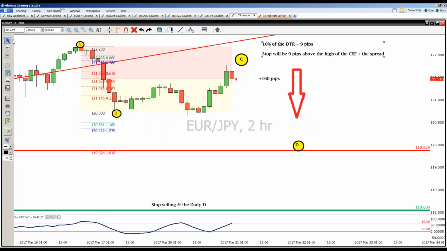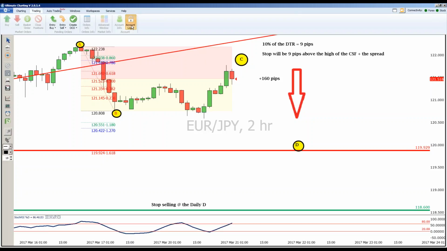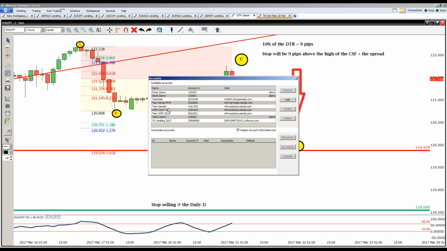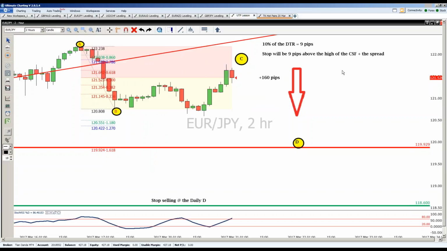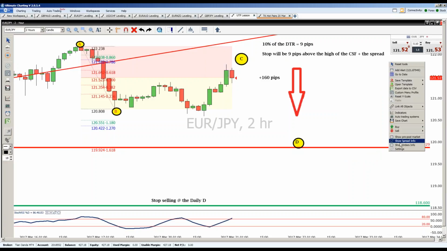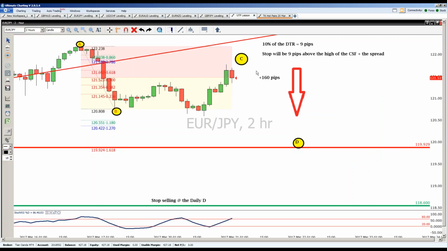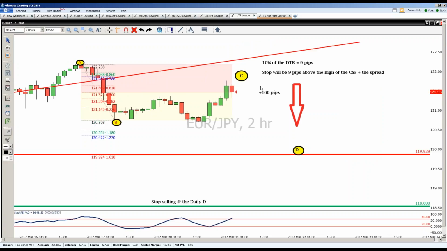Right, now let's see what's the spread. I haven't linked the trading account. Okay, the spread here is 1 pip. So my stop will be 10 pips above the candlestick formation high.